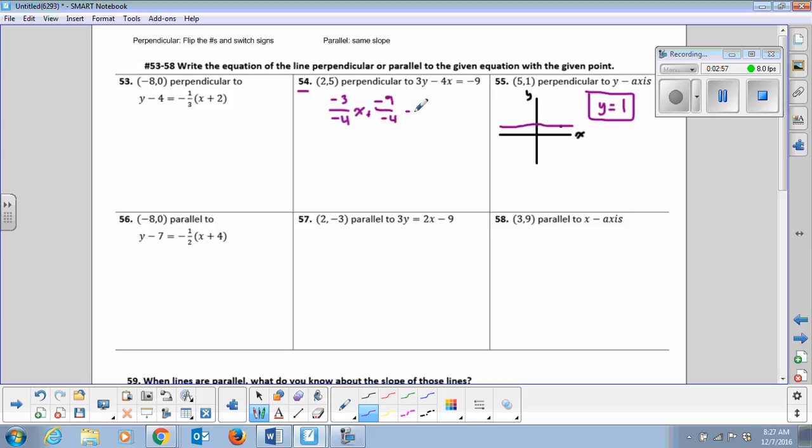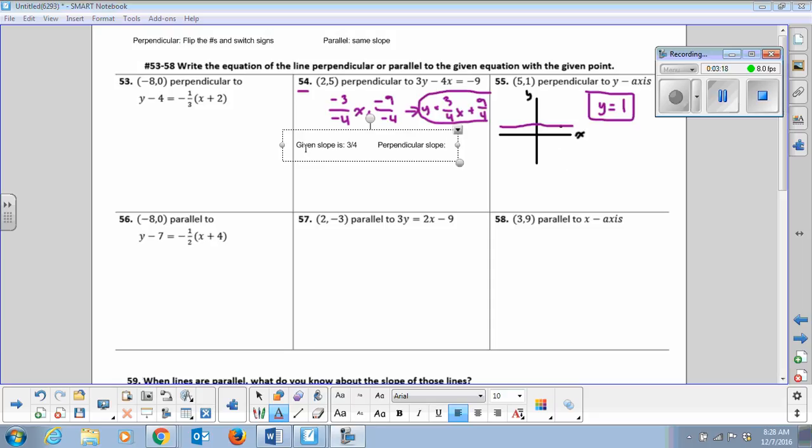Okay, so this equation is the same as having y equal to +3 over 4x plus 9 over 4. So this is my equation that I'm starting with. So my given slope is 3 over 4.